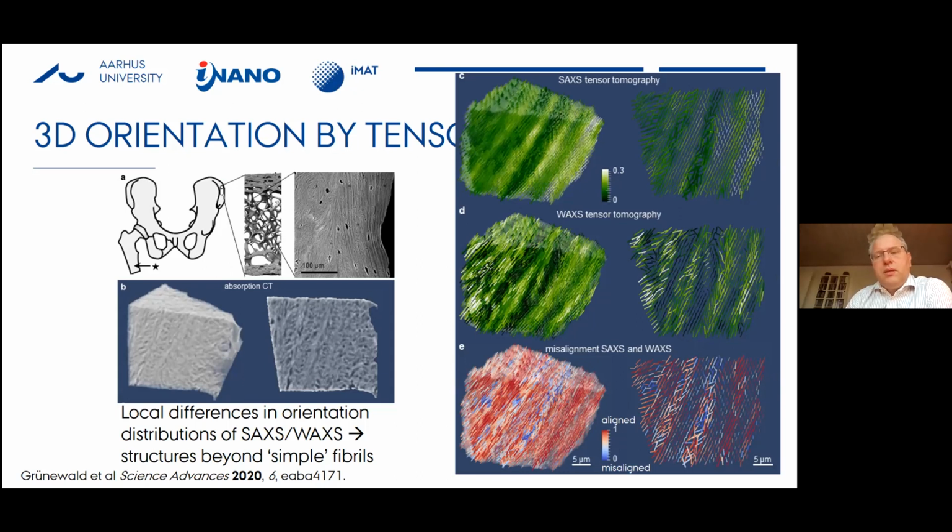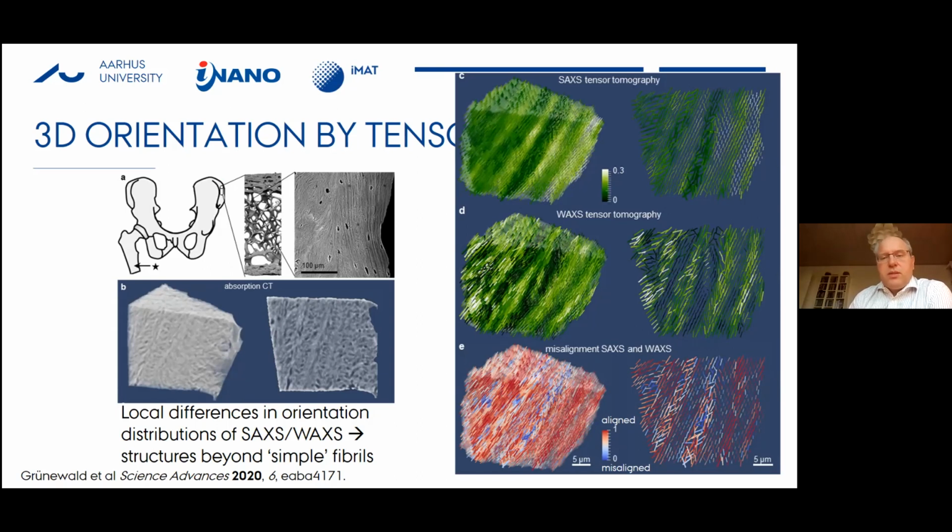And these should be perpendicular to each other, aligned in just the right way for the current bone models to really match. So you should expect, if we calculate an alignment feature, which we do in the bottom, that all the voxels in the image should be red.